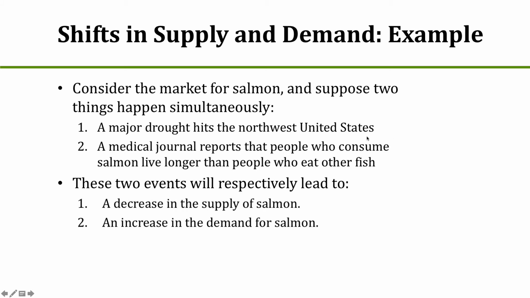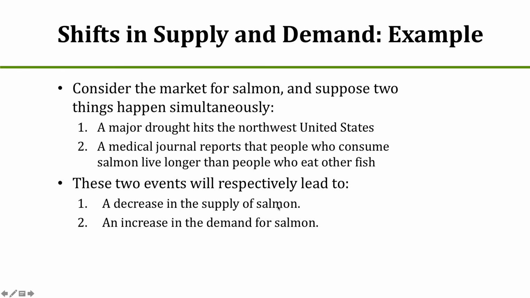And this major drought is going to decrease the supply of salmon. You might ask, how is the drought related to the supply of salmon? Apparently, it is related because the fish cannot find enough food, I guess. So because of the first event, we have a decrease in the supply of salmon.